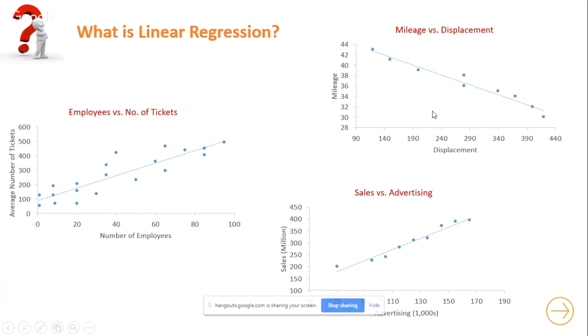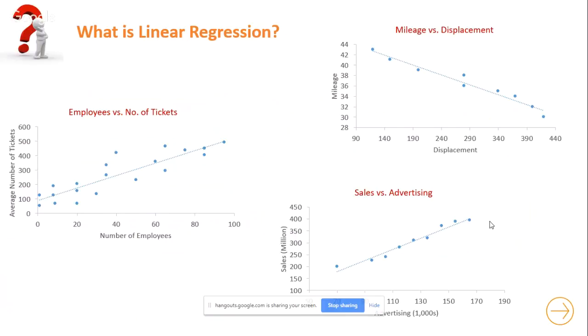The mileage we put on the car and the displacement or the engine capacity. The more mileage we put, the less capacity we get from the car engine. The third graph is about advertising spending and sales numbers. Also, we can say when marketing spending goes up, the sales number also goes up.